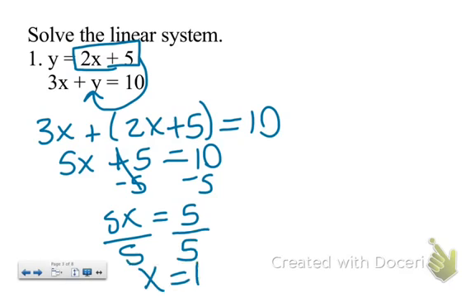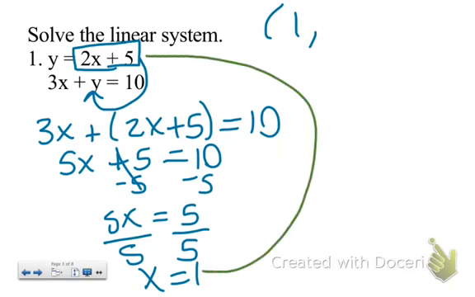So remember, the solution to a system is an ordered pair. So now we only have part of the answer. We still need to figure out what y is. But we can take x equals 1, plug it back into the first equation to figure out what y is.